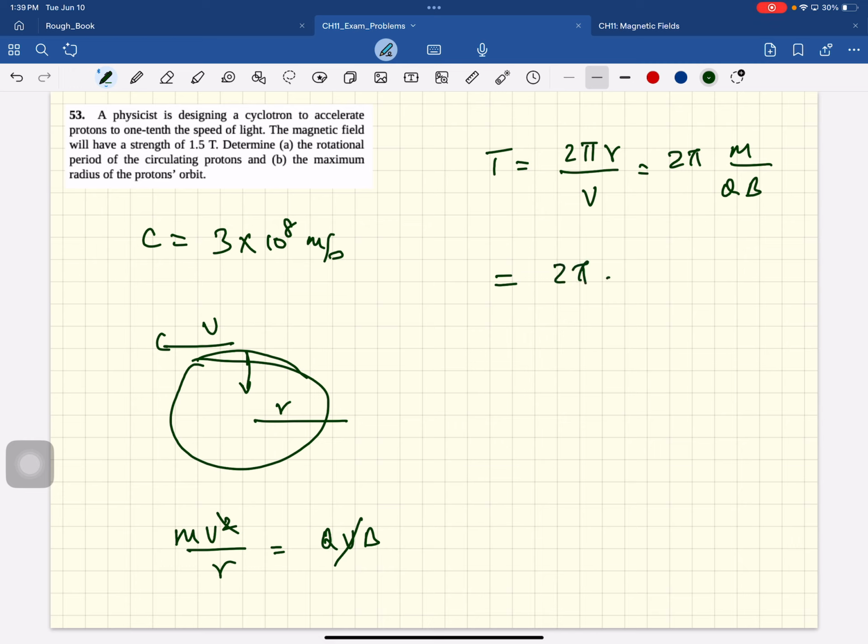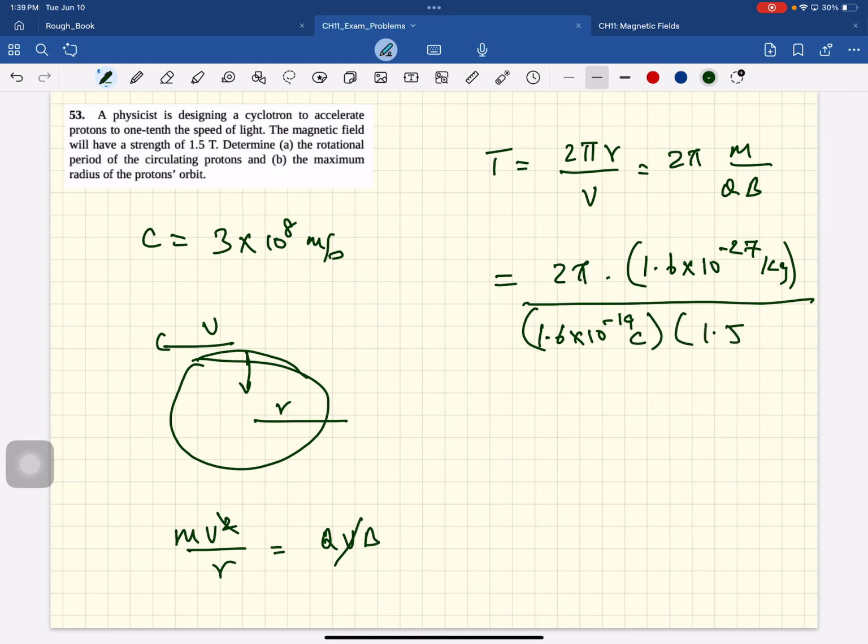2 pi. Proton, the mass of a proton is 1.6 times 10 to the minus 27 kgs. The charge of a proton is 1.6 times 10 to the minus 19 coulombs, and it's 1.5 Tesla. So the period, that's the time it takes for the proton to circle once, to complete one revolution.